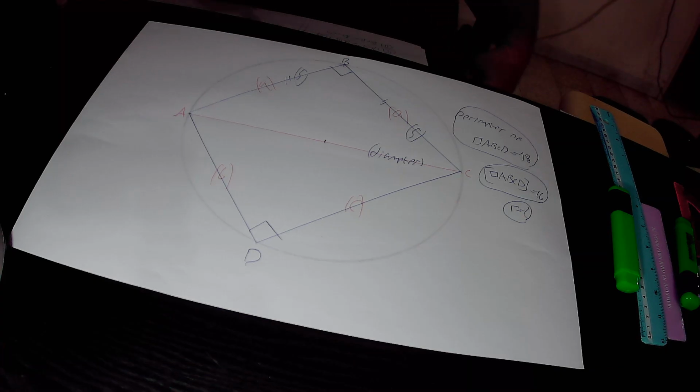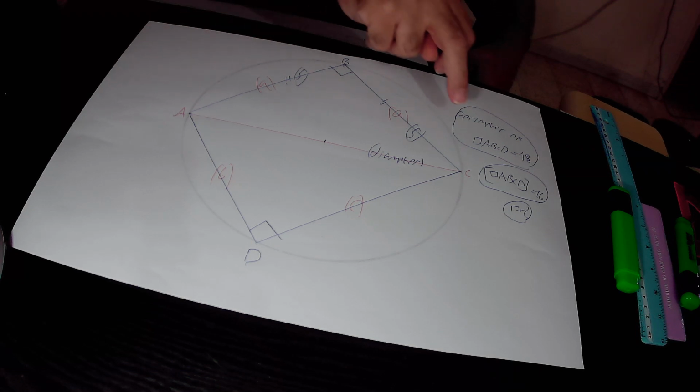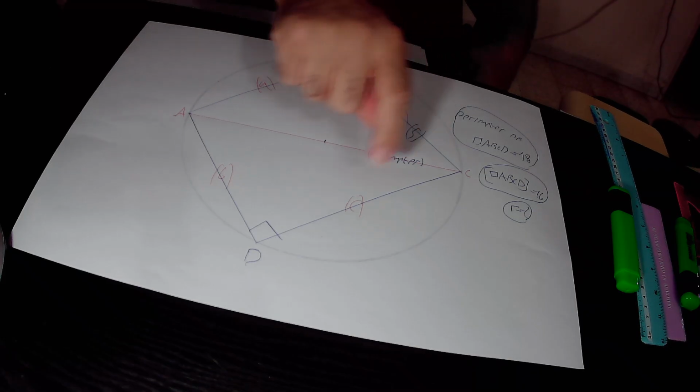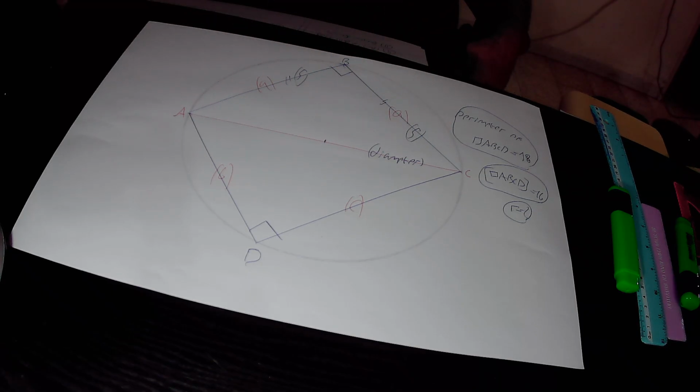We also know that the perimeter of this quadrangle ABCD is equal to 18 units. So the sum of its four side lengths in total equals 18. That is to say, AB plus BC plus CD plus DA equals 18. In addition, we know that the area of this quadrangle ABCD is equal to 16 square units.